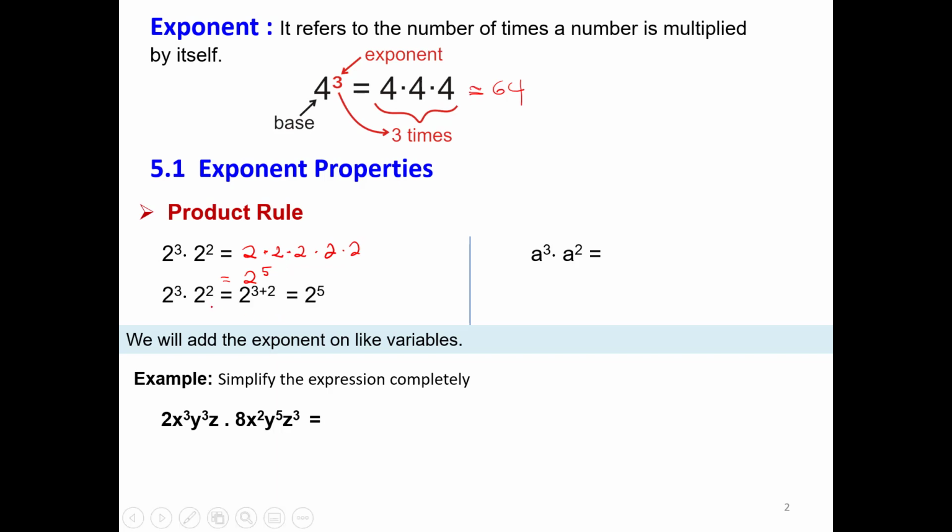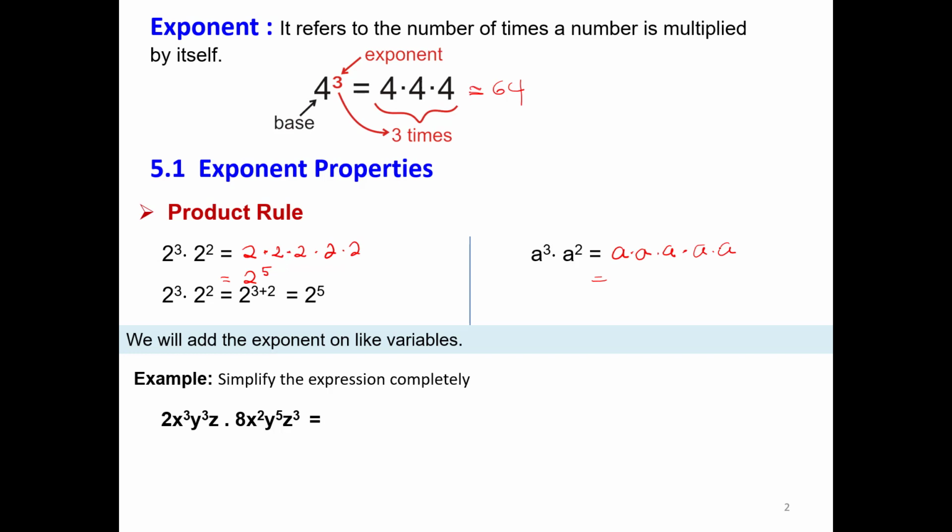Then we can simplify the math. If we have the product of exponents in which the base is the same, then we just need to add the exponents. This rule applies not only if the base is a number; if the base is a variable, we can do the same thing. A to the third will be a times a times a. Now a to the second will be a times a.